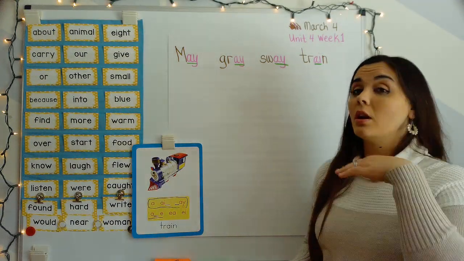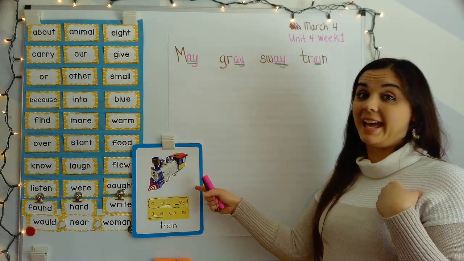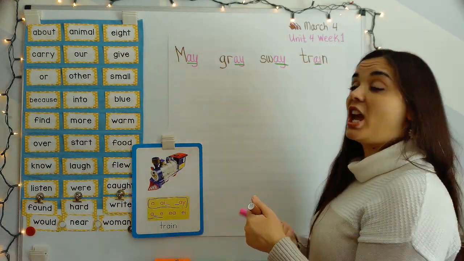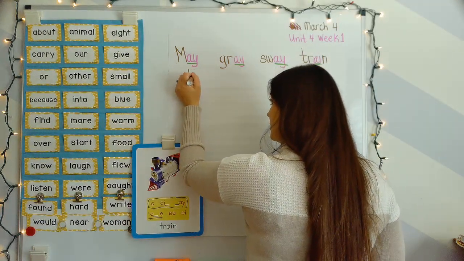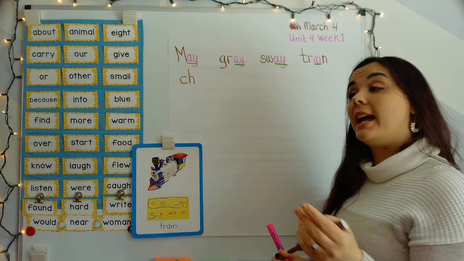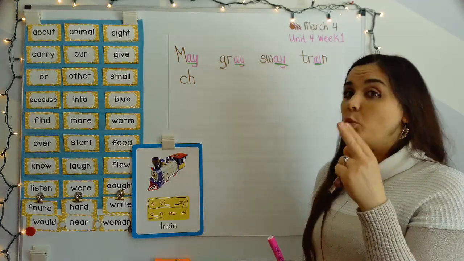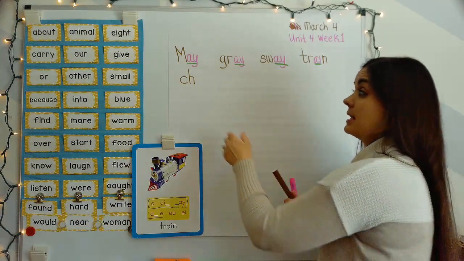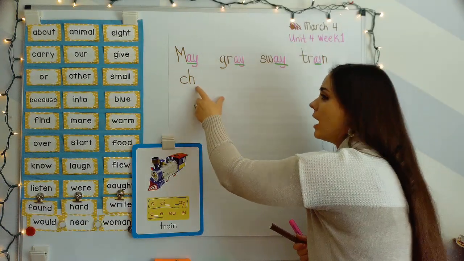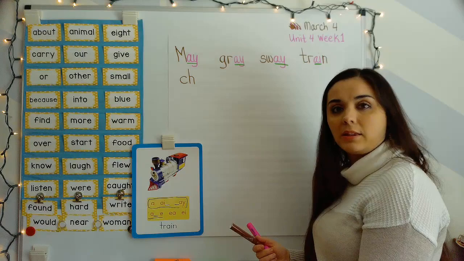All right, next word. Chain. Your turn. Cha, A, chain. For CH, that's a digraph. Those two letters, they just work together to say that cha. You can't blend them sound by sound because then it sounds like kaha, and that's not the right sound. It won't make the correct word.